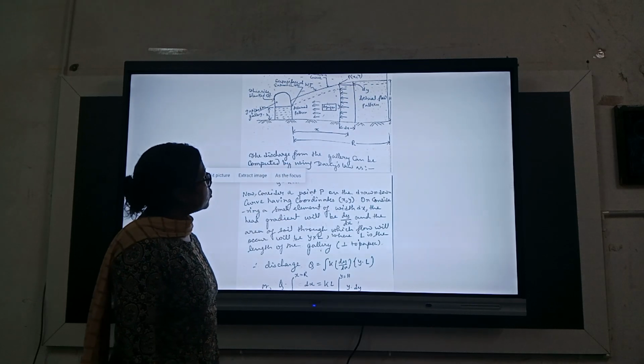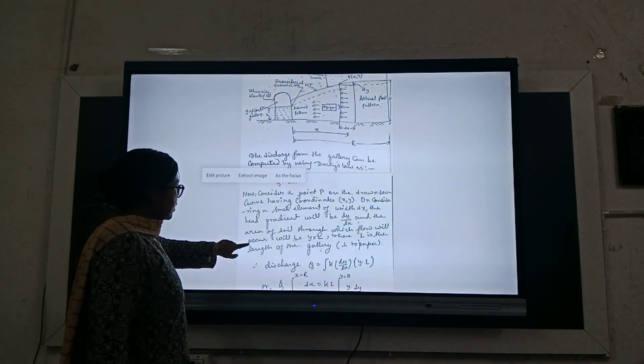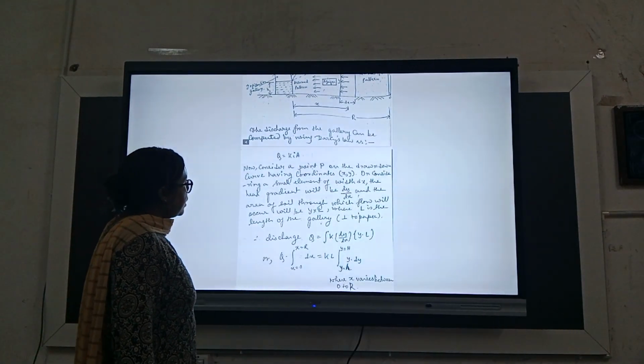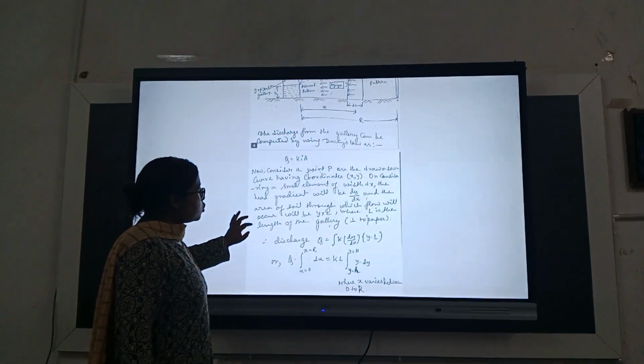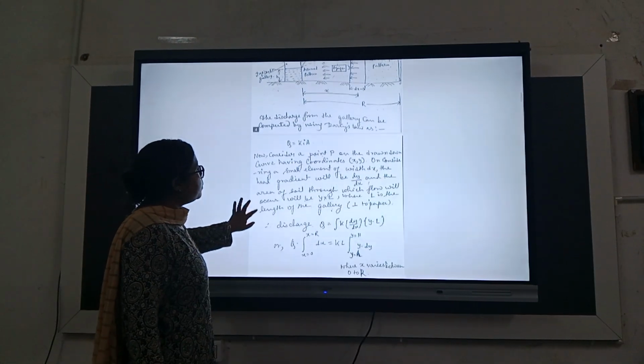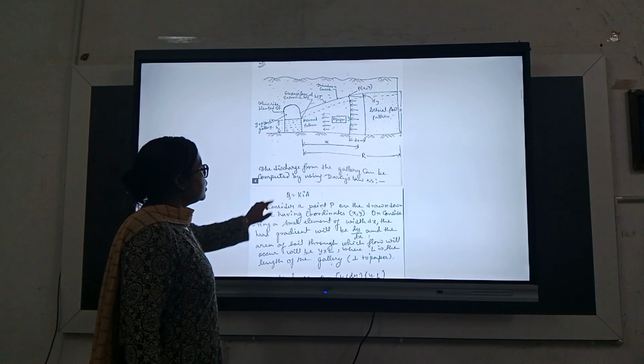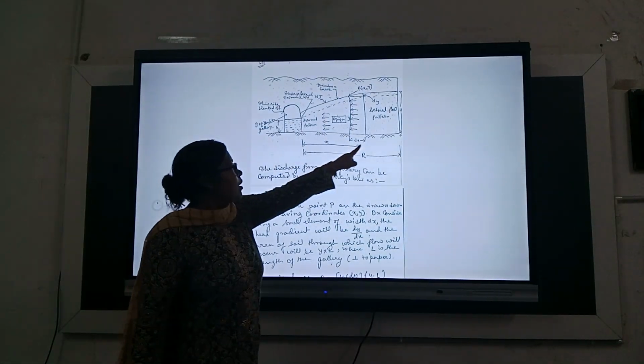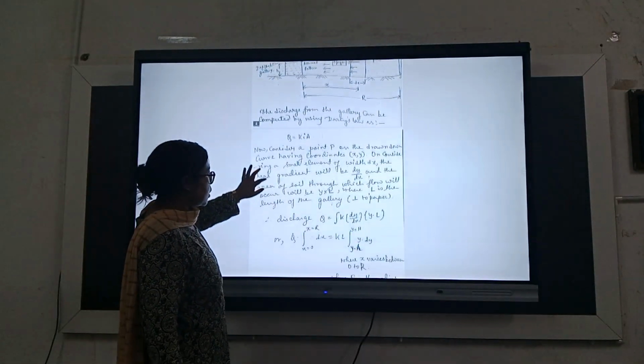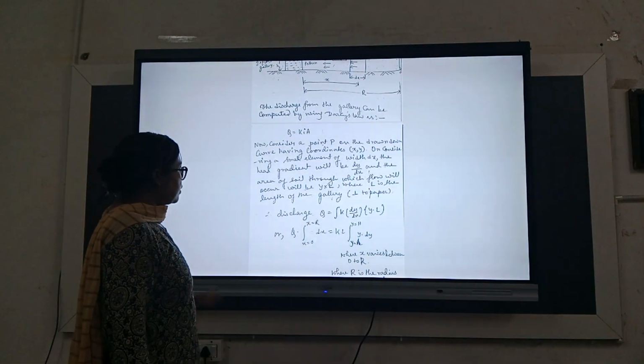So the head gradient is dy by dx, and the area is y into L, where L is the length of the gallery.